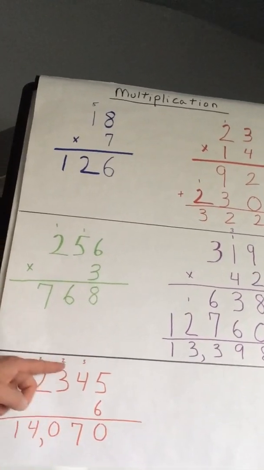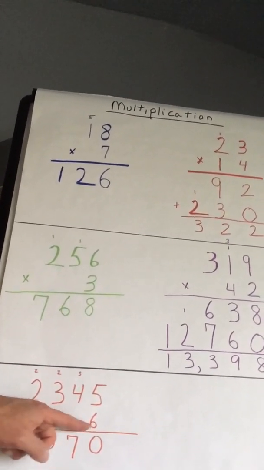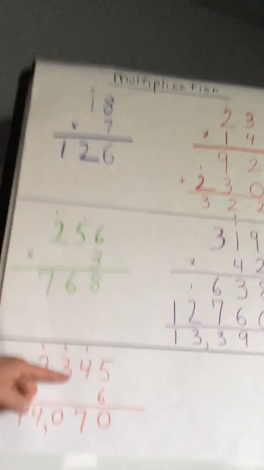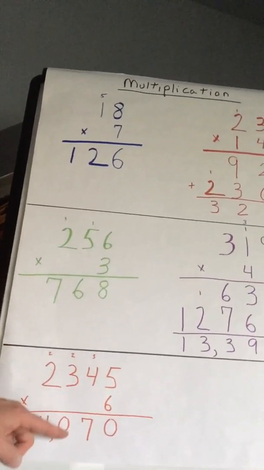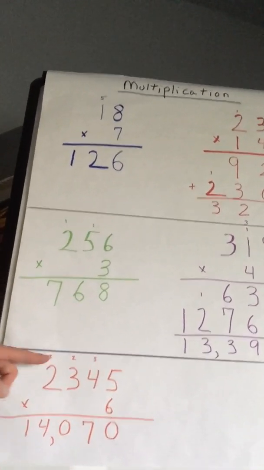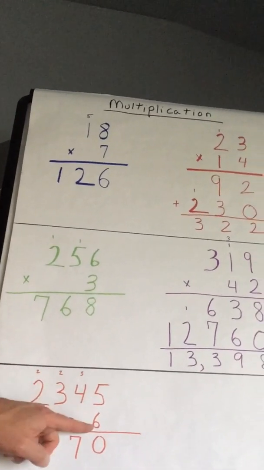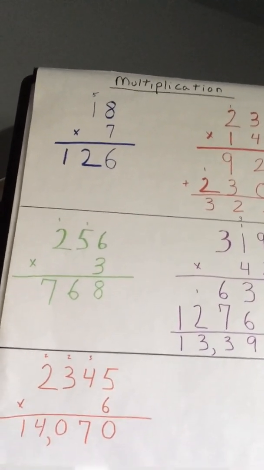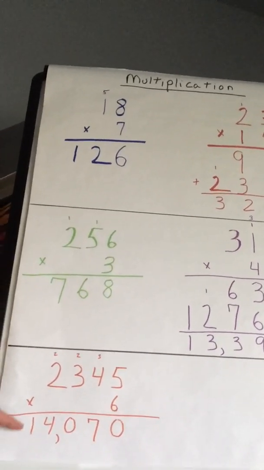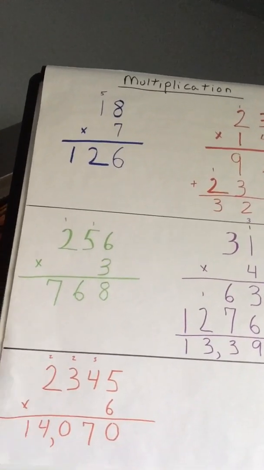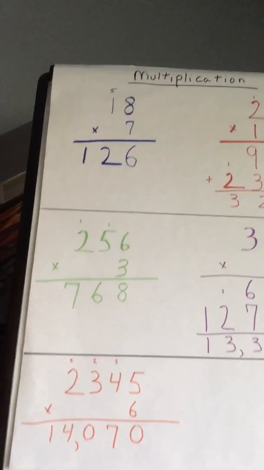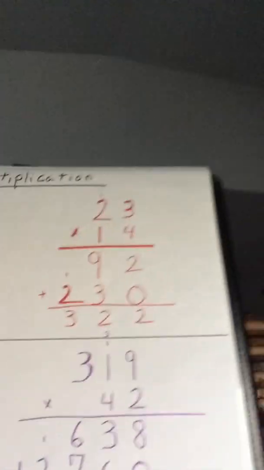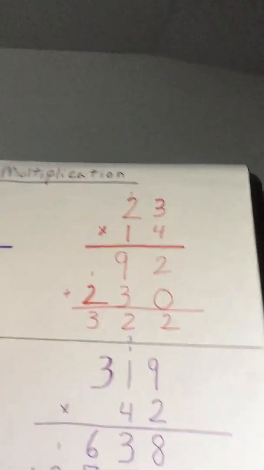Bring down the 7, regroup the 2. 6 times 3, 18. Plus the 2 is 20. Bring down the 0, regroup 2. 6 times 2 equals 12. Plus the 2, 14. Our final answer, 14,070.